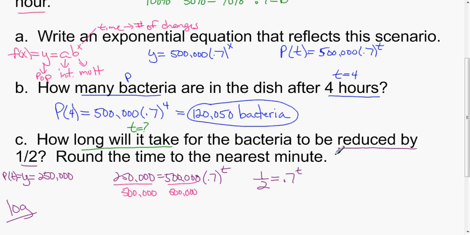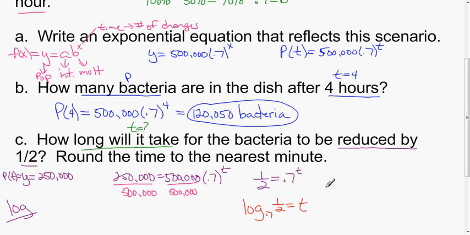Now, from here, I will need to rewrite this in log notation. This is exponential notation because if you notice the variable is in the exponent. So I'm going to rewrite that as a log: log base 0.7 to get 1/2 is equal to t.